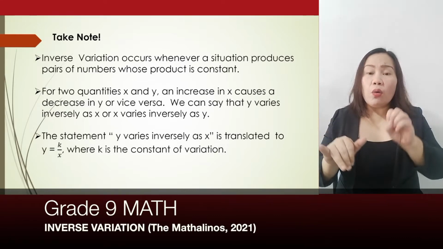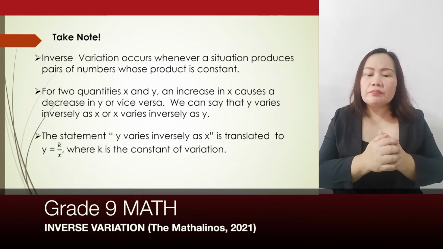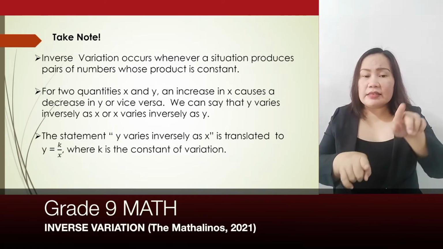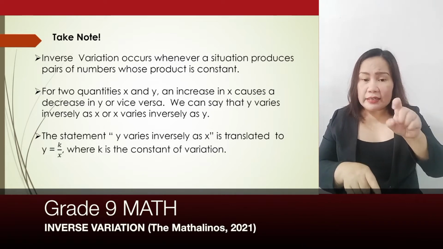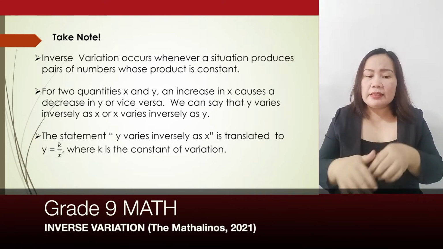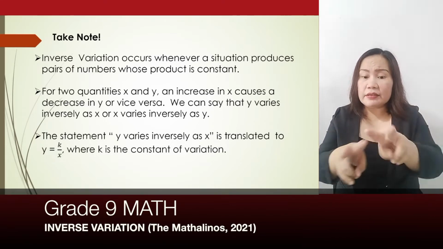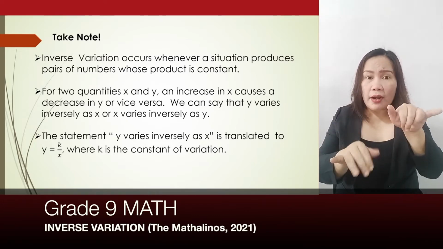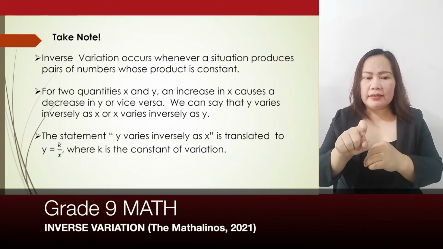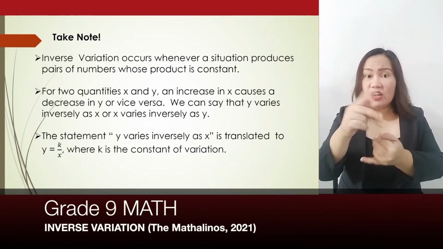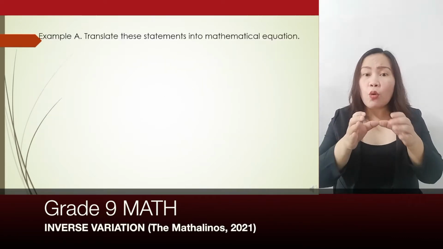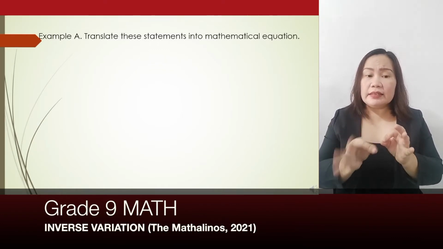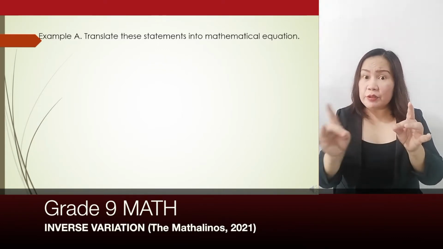So we can say that y varies inversely as x, or x varies inversely as y. The statement y varies inversely as x is translated to y equals k over x, where k is the constant of variation.